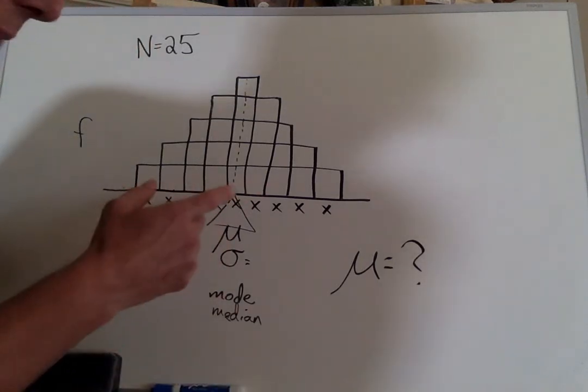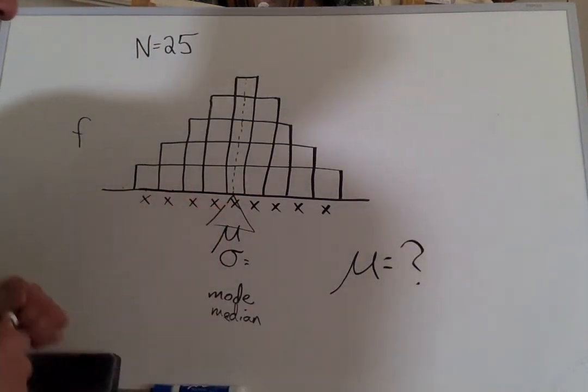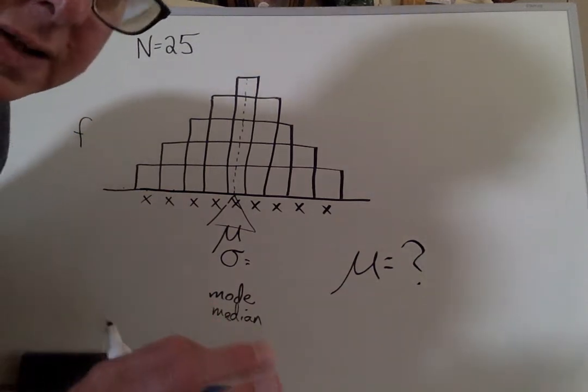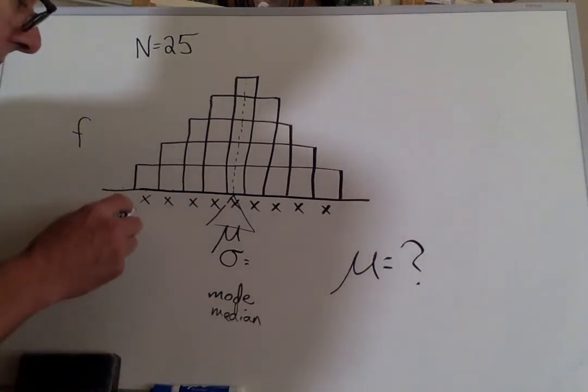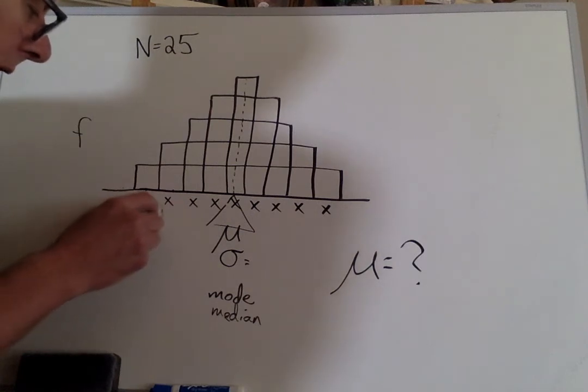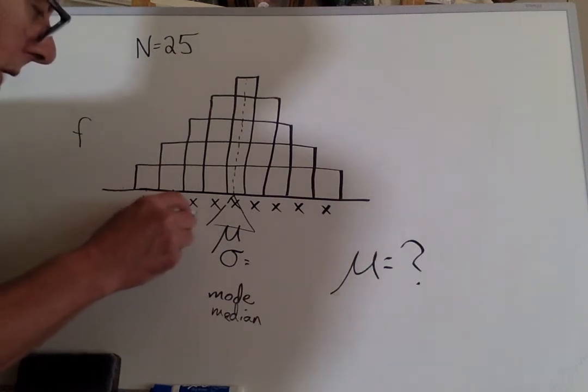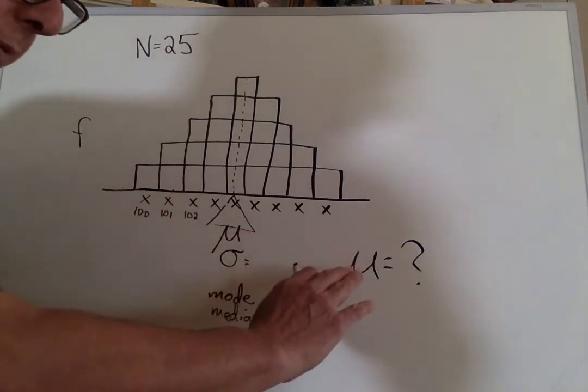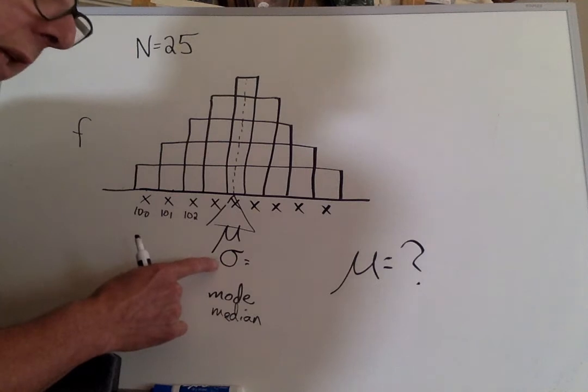We can see how spread out they are, right? If I did this, just work with me here for a minute. You don't have to write this down in your notes, okay? If I put 100 here, and 101 here, and 102 here, and 103, and so on and so forth, could you calculate the standard deviation?